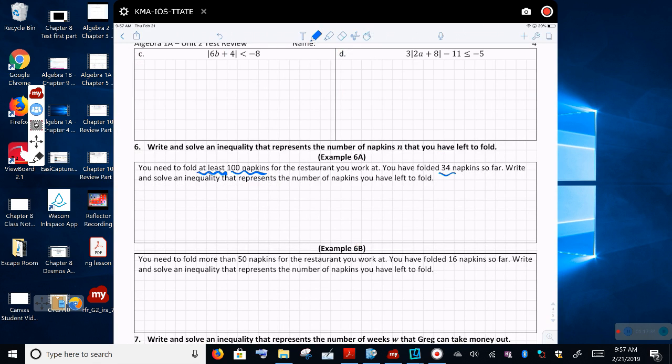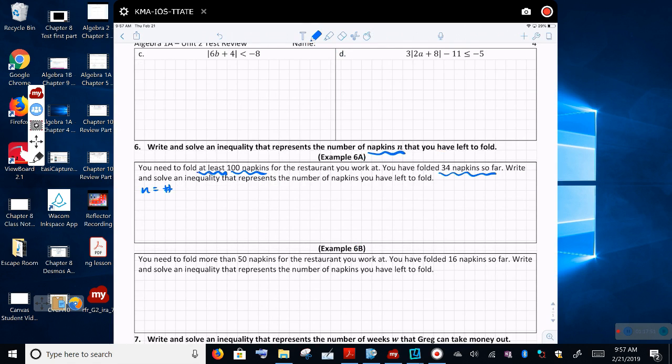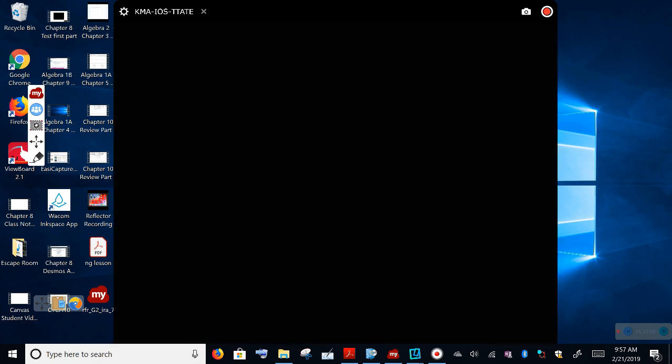You have 34 so far. And then I need to use a variable, and they're telling us we're going to use n, and n represents, you don't need to write this because it's already written there, but just to emphasize, the number of napkins you still need to fold.